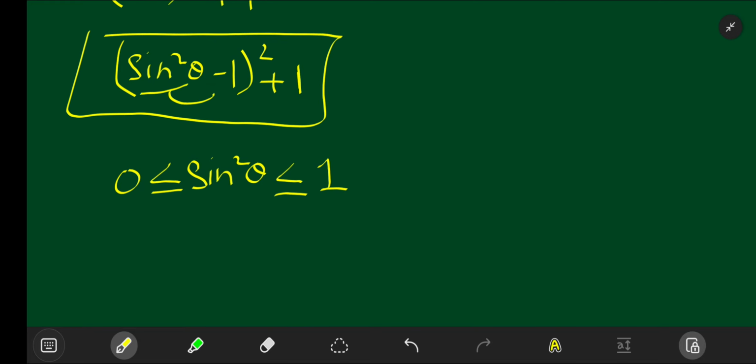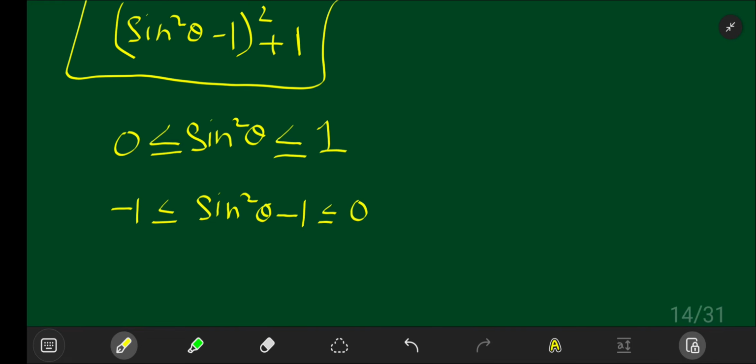With sin square theta, minus 1 is there, so subtract 1. 0 minus 1 is minus 1, less than or equal to sin square theta minus 1, less than or equal to 1 minus 1 is 0. Next, whole square is there. Whole square of sin square theta minus 1.